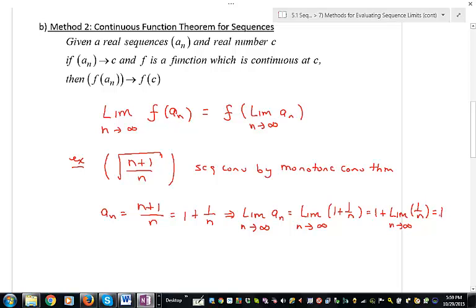Okay. Now notice that if we define f of x as being the square root of x, we notice a couple of things. We notice that f is continuous at 1.